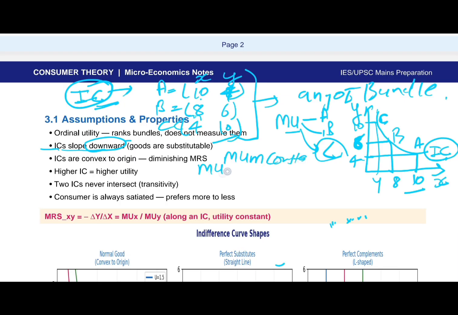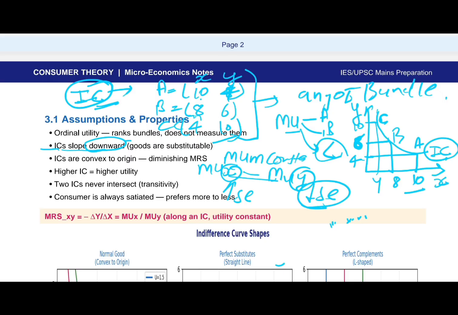If we consume an additional unit of good X, we have to reduce the consumption of Y. So there is a trade-off. If we increase the consumption of X, we have to decrease the consumption of Y, because there is a constraint.